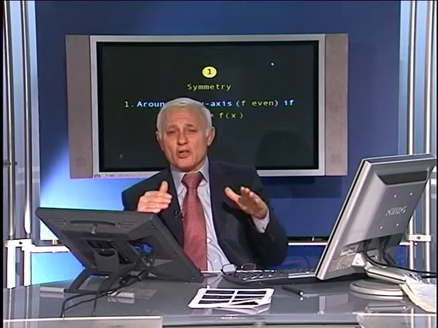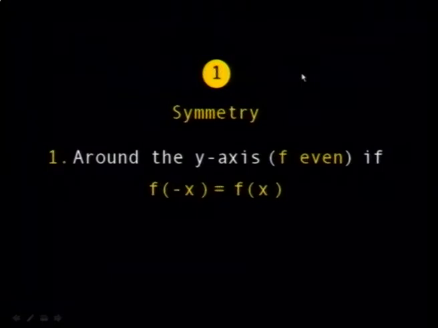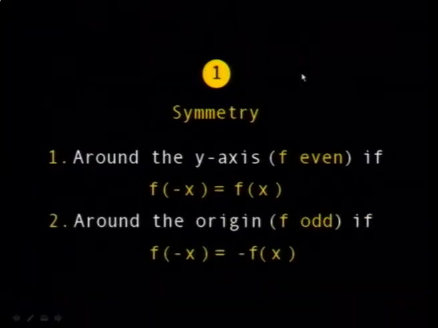Whether it is odd, in other words symmetric about the origin, one piece of the graph is enough to repeat itself in the opposite plane. The function is even if f of minus x is equal to f of x, whereas it is odd if f of minus x is equal to minus f of x.